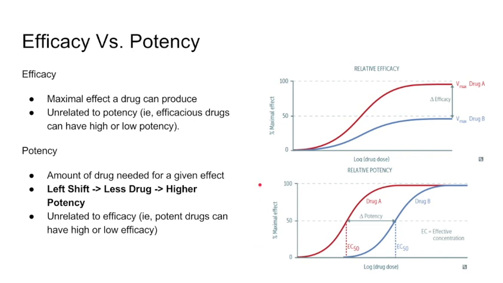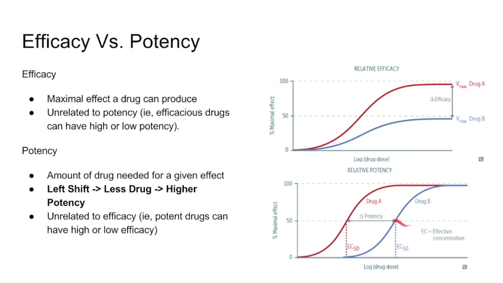We have our maximum effect scale, and we'll say that it's blood pressure. So both drug A and B are able to reach a maximum effect that is very similar. They both can reduce the blood pressure, we'll say, by 20 millimeters of mercury. So if we go back to our previous concept, efficacy, they're equally efficacious. They have the same maximum effect.